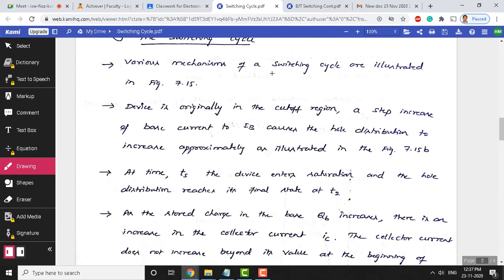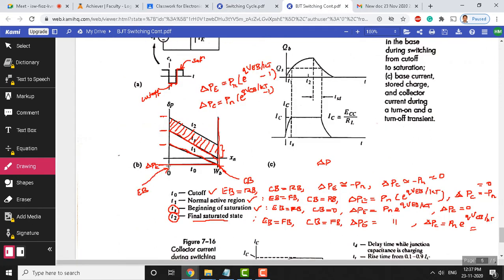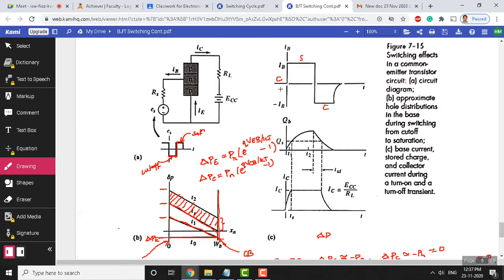So, these are the various mechanisms of the switching cycle that we have shown now. The device is originally in the cutoff region. A step increase of base current to I B causes the hole distribution to increase approximately as illustrated in figure 7.15b. Just now we have seen how exactly holes increase as we apply the step waveform of base current at the base terminal.